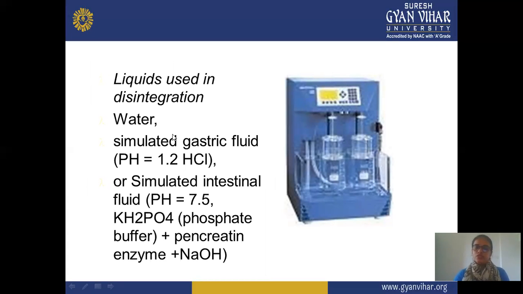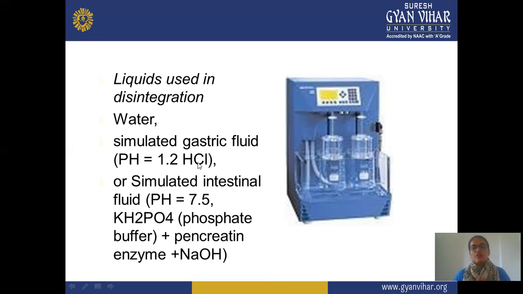Liquid used in disintegration is water, or you can also use simulated gastric fluid or simulated intestinal fluid, that is pH 7.5. Means you can use any type of solution for this disintegration test, maybe water, or acidic pH, or basic pH. If you require to show the effect of the tablet in the stomach, then in this condition you use acidic pH, that is pH 1.2 HCl.